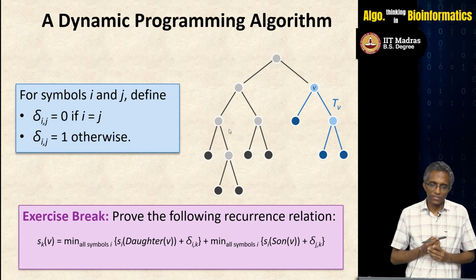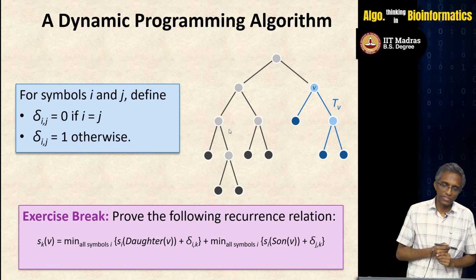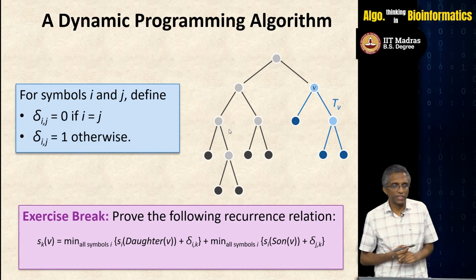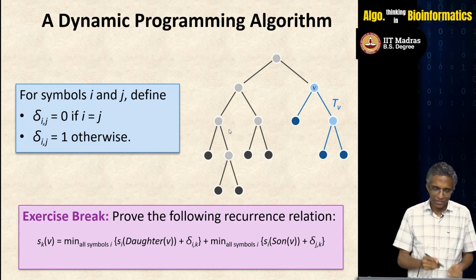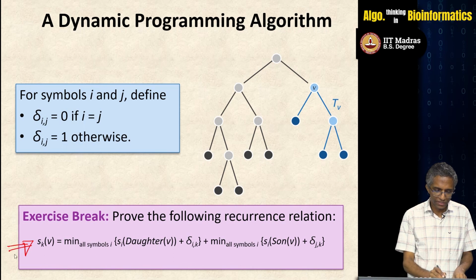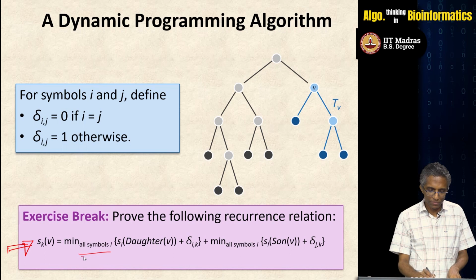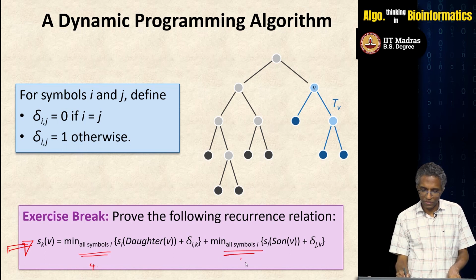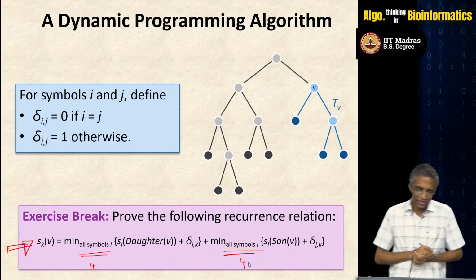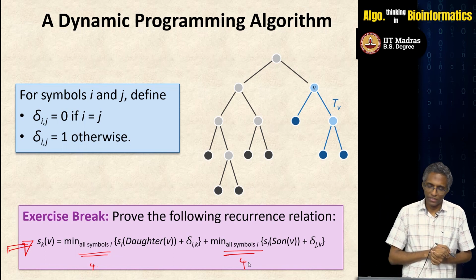So, let us just define these deltas. Delta i j is 0 if symbol i is equal to j and delta i j is 1 otherwise, right, and you will essentially get the recurrence out of these 16 possibilities that I talked about. All symbols i is 4 in case of DNA, and all symbols j is also 4 in case of DNA, one is the left and the other is the right. Okay.